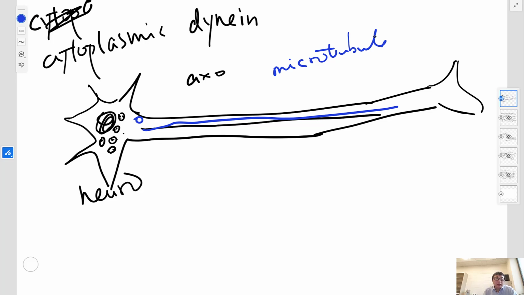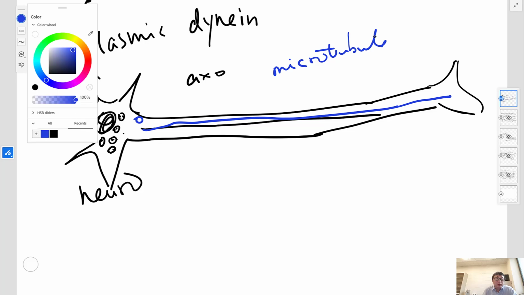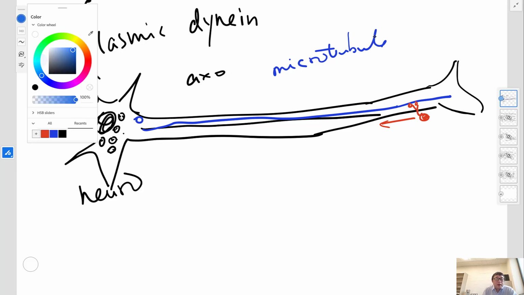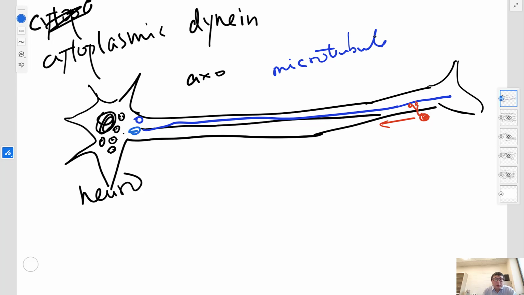Let's say the blue one is the microtubule, and dynein will be the red one. This dynein has two feet to drag the cargo to this side. In a microtubule, this is called the minus end, and this is called the plus end.